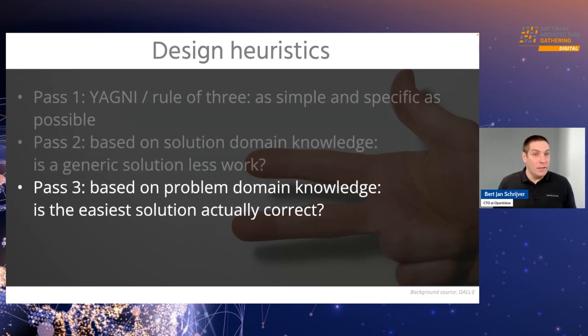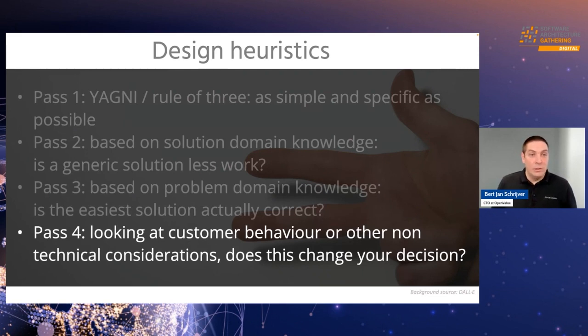And the third pass based on the problem domain, so how the problem space actually looks: is the easiest solution that we can come up with actually the correct solution? And then the fourth pass, looking at customer behavior or other maybe non-technical considerations: does this change your decision? So you maybe can reinterpret YAGNI as avoiding unnecessary work, right?